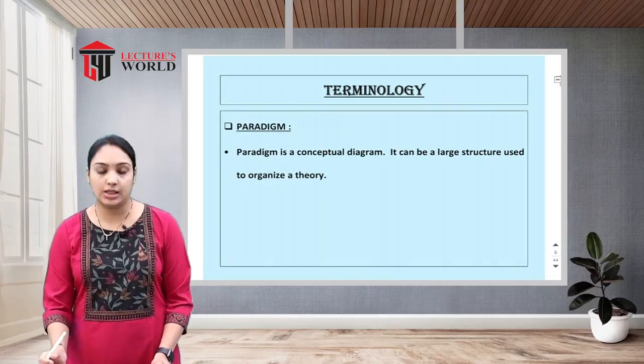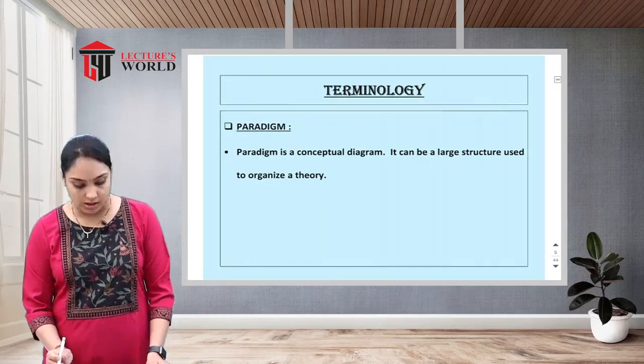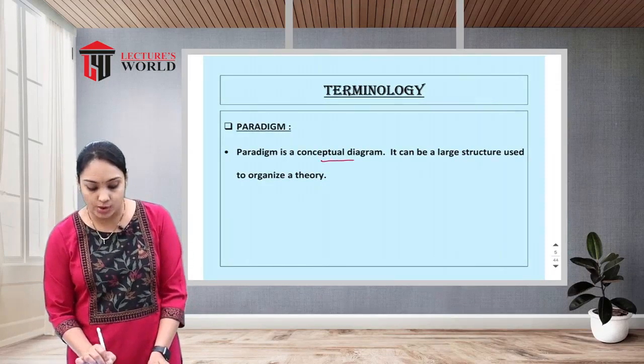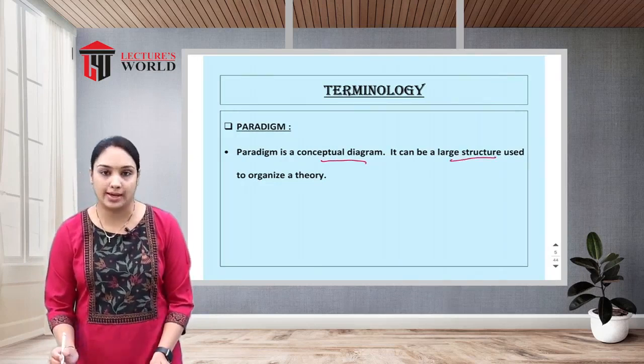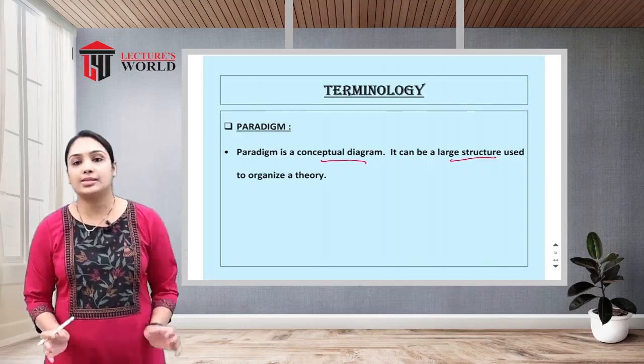Next terminology is paradigm. What is paradigm? It is a conceptual diagram. It can be a large structure used to organize a theory. A paradigm is one kind of diagram.